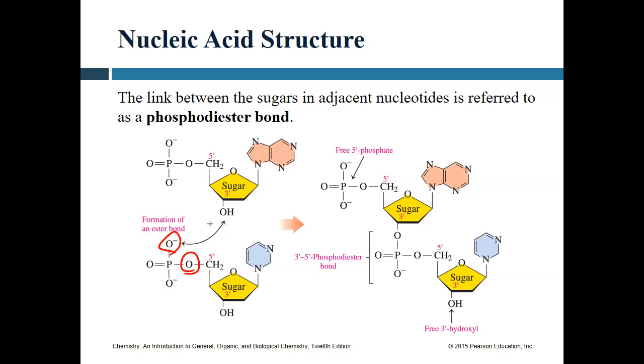Rather than saying 2 ester, we use the di prefix to stand in for 2. So a phosphodiester bond is a phosphorus making 2 ester linkages, one to the first sugar group and a second to the next sugar group in the nucleic acid sequence.